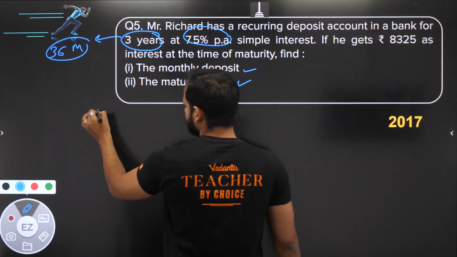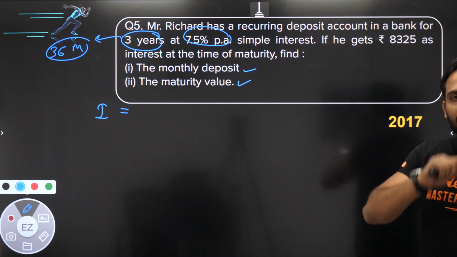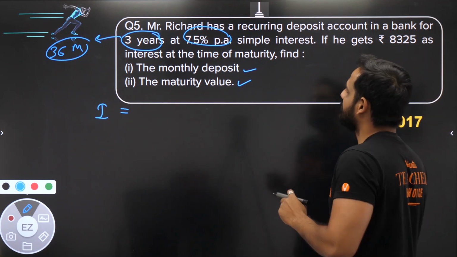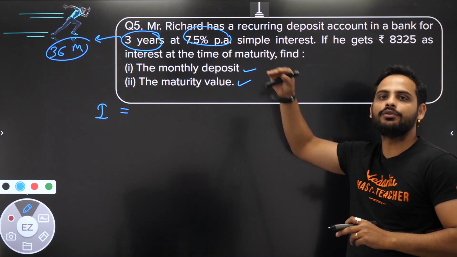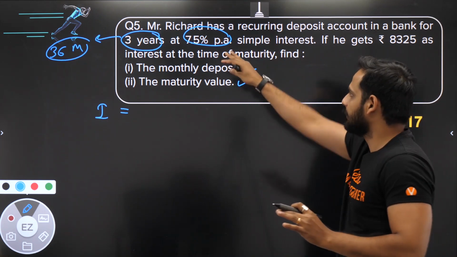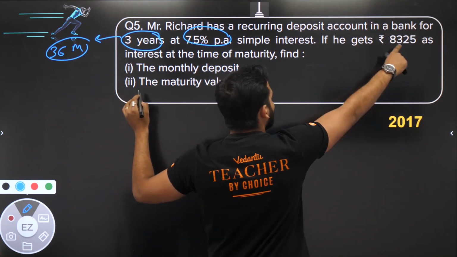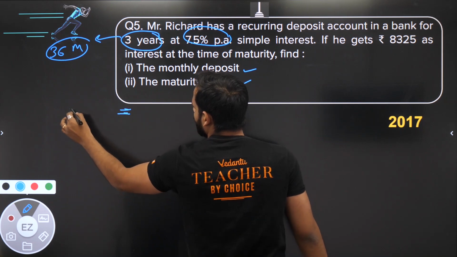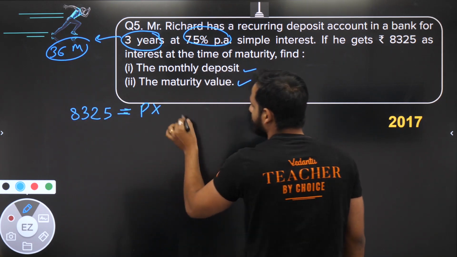I know that, sir, the interest will be equal to P into n into (n plus 1) by 2 into 1 by 12 into r by 100. We have done this, so directly we'll write. But what is P? I don't know. But I know the interest is 8325. So 8325 is equal to P, I don't know, into n.